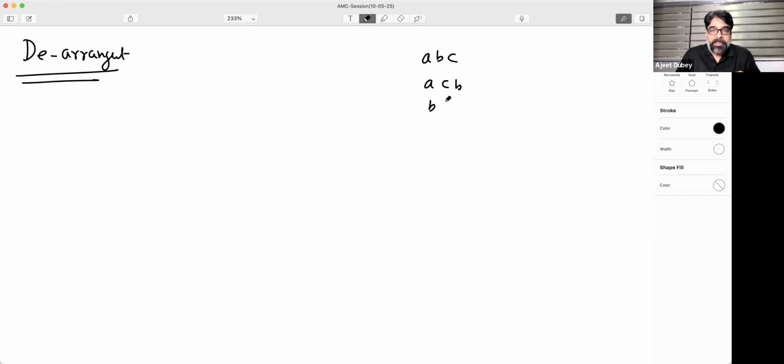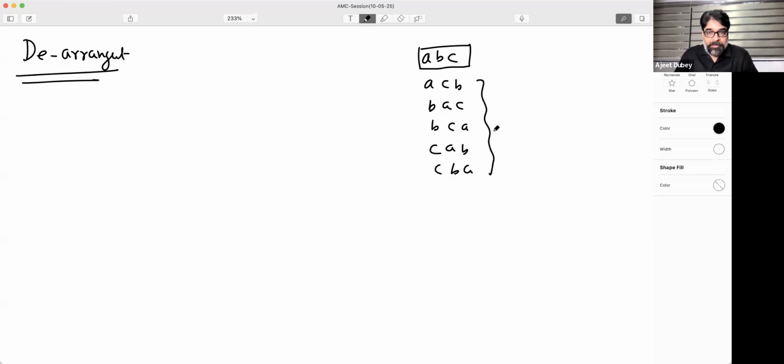ACB, BAC, BCA, CAB, CBA. I hope it's clear. So this was the original arrangement. The other 5 arrangements are called rearrangements of this particular arrangement.